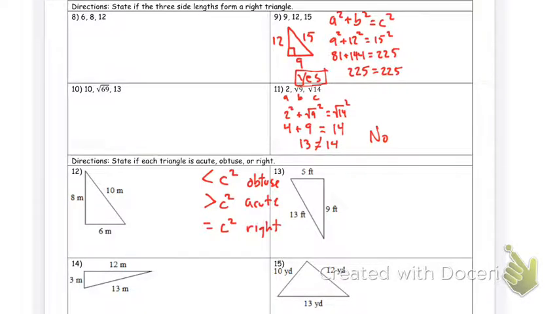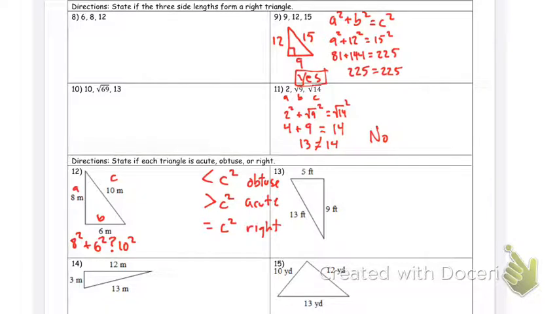So let's try number 12. So here's my C. We'll put this as my A and B. So let's plug it into A squared plus B squared equals C squared. Okay. Again, I said equals, but we're really checking here. We'll put like a little question mark because we don't know if it's equal. All right.